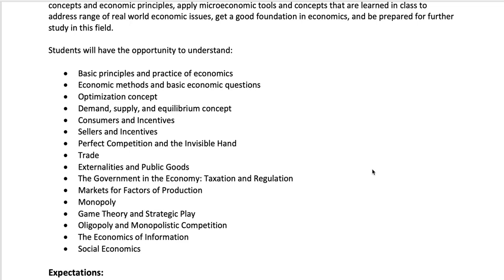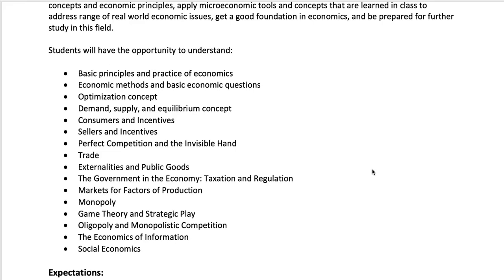And we're going to cover the wide range of microeconomic topics this term. I'm concentrating a lot on markets and the behavior of markets and the actors within markets. So consumer behavior, firm behavior, the impact of government on markets, and the resulting market structure.